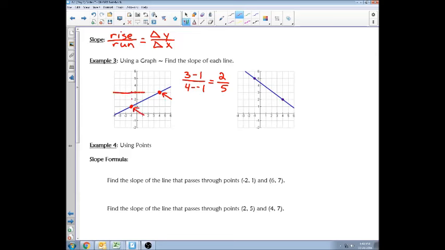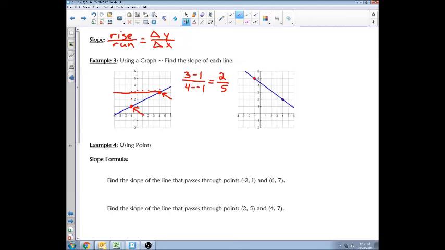It's on this line here, right? And then how many points to the right is it from my original point? Well, so I counted up to, I can count right, 1, 2, 3, 4, 5. So again, 2 over 5. So on the next problem, instead of doing the math, let's just count.